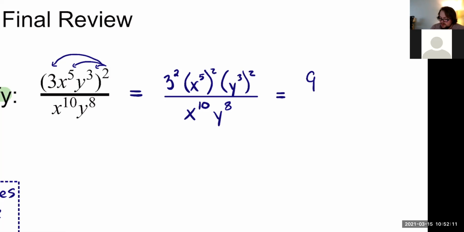Do you remember what we do when we have a base with more than one exponent? You multiply. So here we would get x to the power of 10 and y to the power of 6. This is where some of the confusion comes in.